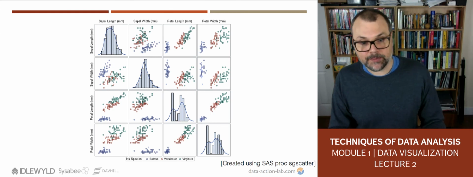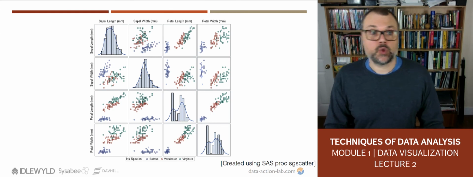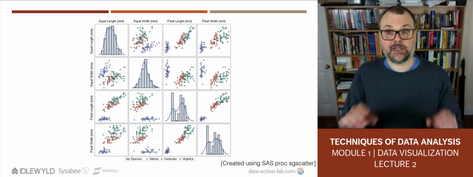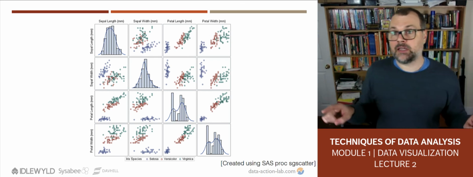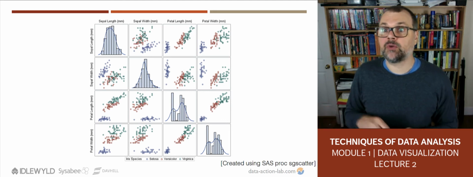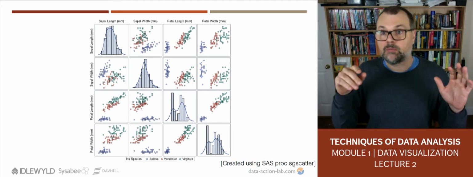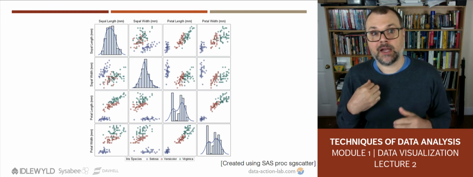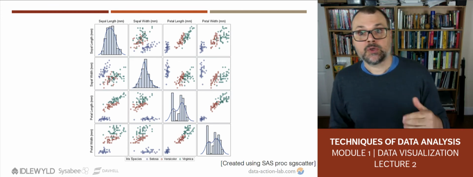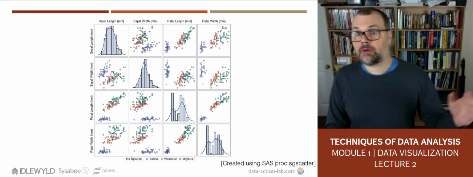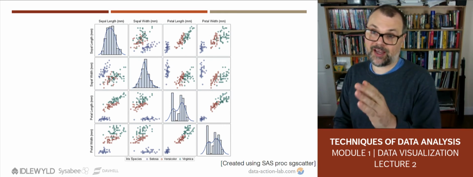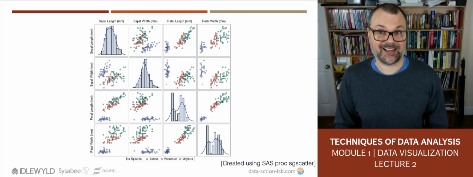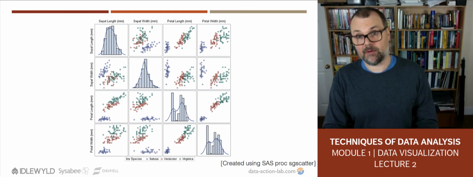And if you try to plot too many variables in a scatter plot matrix, what's going to happen is that you're going to have basically a square filled with unreadable blobs. All of the points will overlap on top of one another and nothing will be readable. So even though in theory this allows you to plot all of the variables in your data set on a two-dimensional surface, we are not able to make sense of them because there's just too many of them.